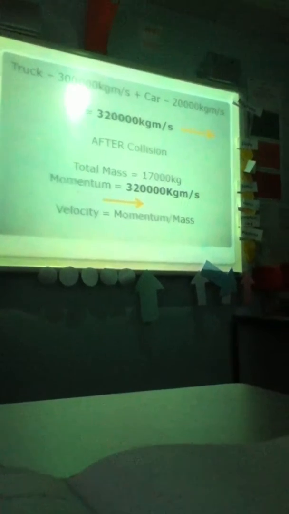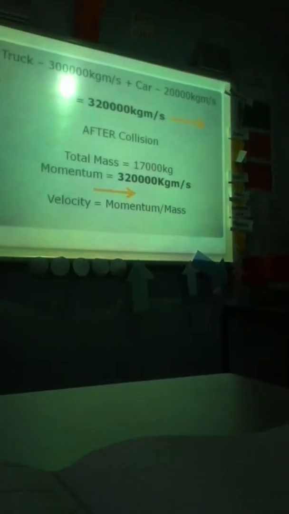After the collision, now look at this. This is the tricky bit. After the collision, the total mass is bigger. Because after the collision, you've got the lorry and it's smashed into the car, and then they will both be moving forwards. So we have to combine their two masses. The mass of the lorry was 15,000 kilograms, the mass of the car was 2,000 kilograms.